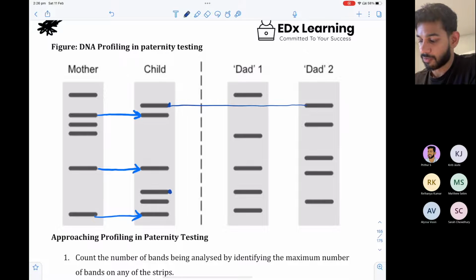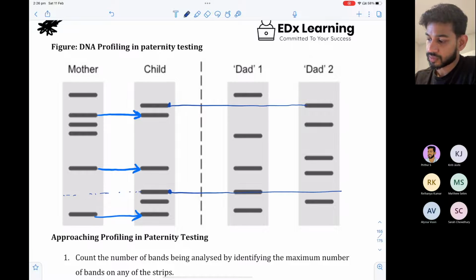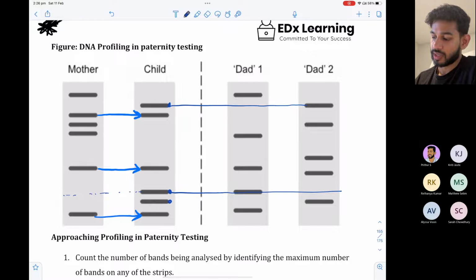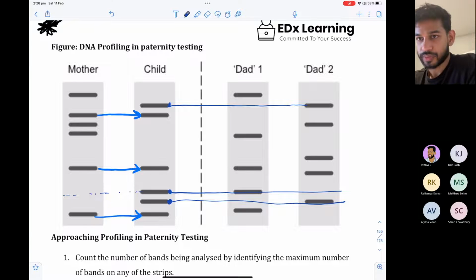This band is not accounted for by the mother because it's not present in the mother's DNA strip or electrophoresis well. So which dad does that line up with? This one lines up with 1, and we'll talk about this very shortly. But what about the next fragment here? This fragment of the child's does not line up with 1, so it lines up with 2.